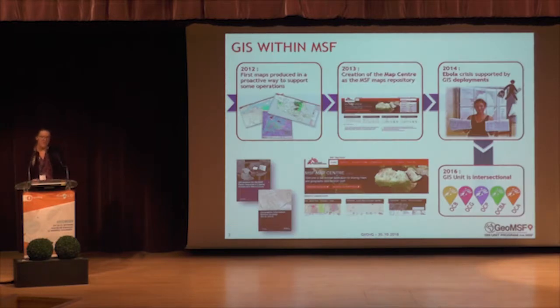So, GIS within MSF. It's, we should say, a 6-year story officially. In 2012, we had the first maps that were produced proactively for operational needs in the field, as a result of PDFs and different thematic approaches that were asked for from the field of the headquarters, to produce different maps helping them in their operational needs.